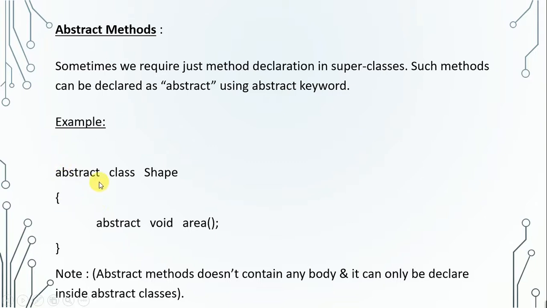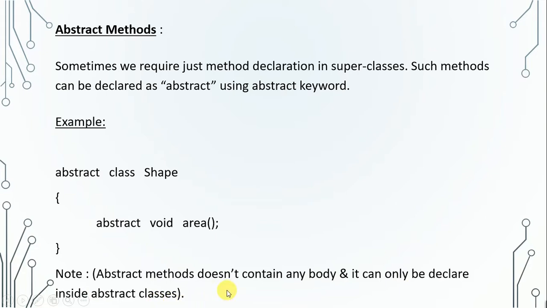First of all abstract, then class, then Shape, and within that this is how we can declare an abstract method. Simply write the abstract keyword first, then the return type, and then the method name. As you can see, we have not implemented this method here. We are going to implement it in the subclass. Note that an abstract method does not contain any body and it can only be declared inside abstract classes.